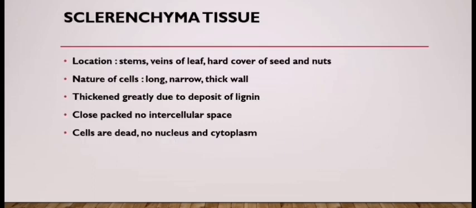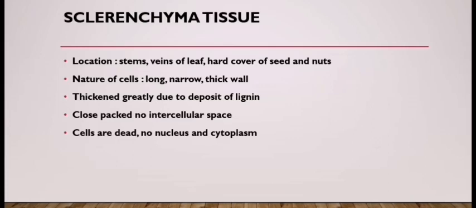Now we come to the third simple tissue, sclerenchyma tissue. The location is: they are present in stems, veins of the leaf and hard covers. Wherever you see the hard cover of a seed or the different types of nuts, and also in coconut, this hard cover is sclerenchyma tissue.